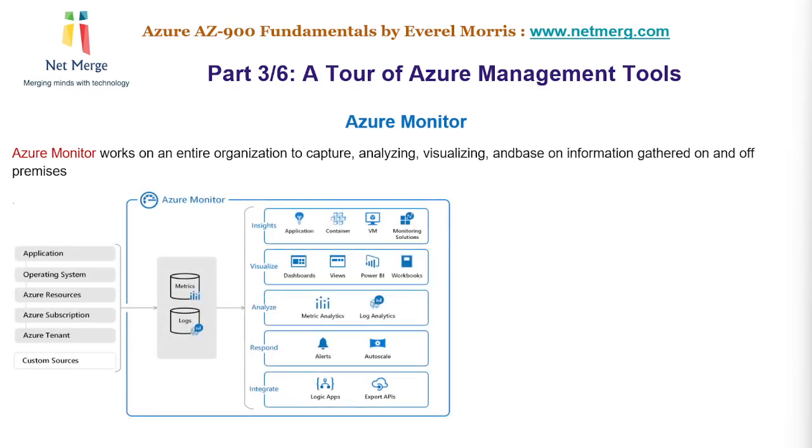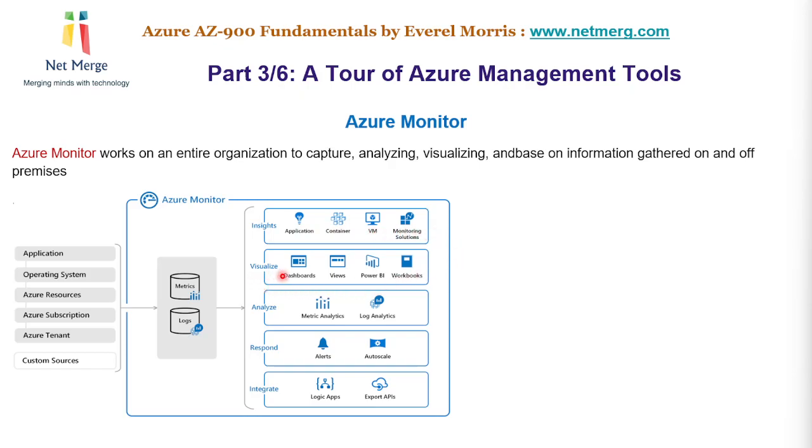This is a general overview of what your Azure Monitor would look like. It's a global view, it's scoped, so you get everything, your metrics and your logs in the center. So it monitors your application, your operating system, all your resources, all your subscriptions, all your tenants, and custom sources that you're using. And as you could see, it would give insight into your application, your containers.